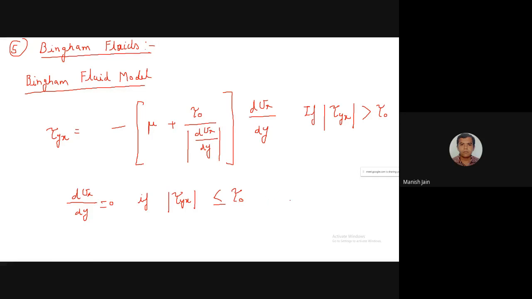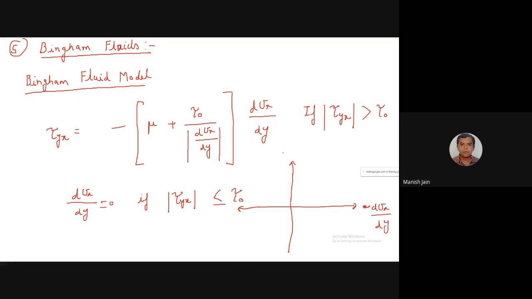If you plot the model, then you will get this type of graph. Suppose the y-axis is tau yx and the x-axis is dvx by dy, the shear rate.